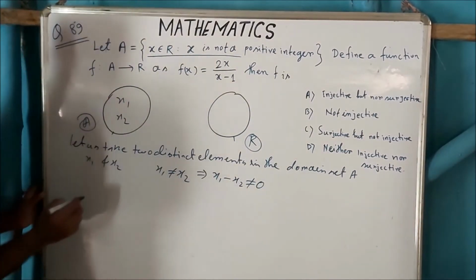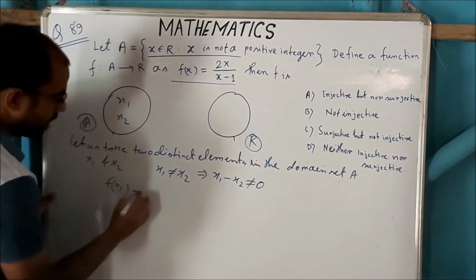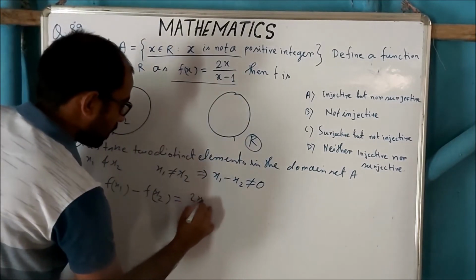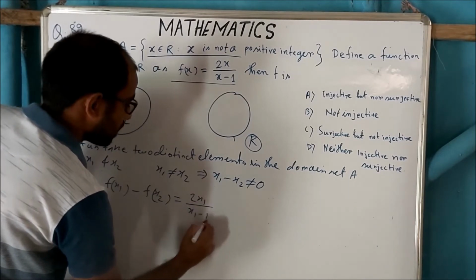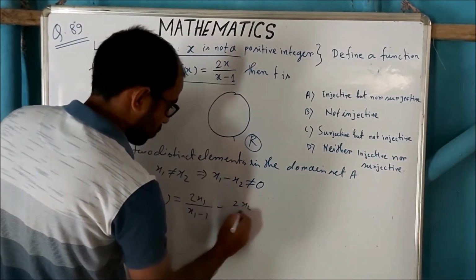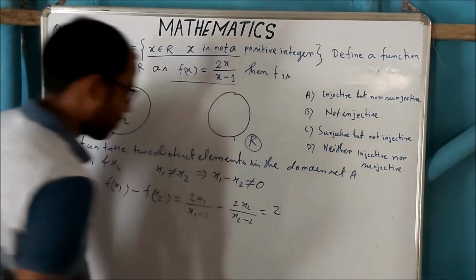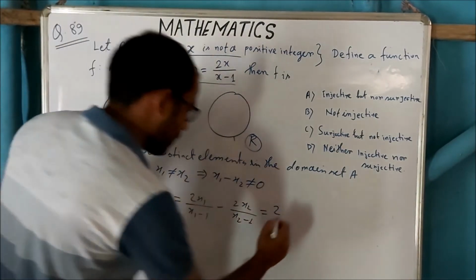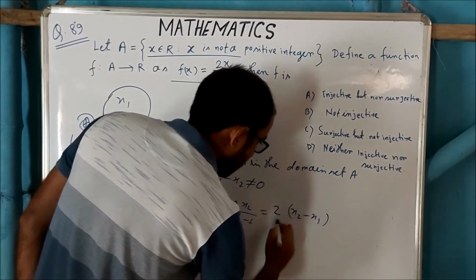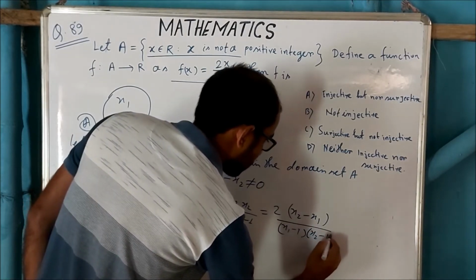So here f of x1 minus f of x2. F of x1 means 2x1 by x1 minus 1, minus 2x2 by x2 minus 1. We now simplify to get 2 into x2 minus x1 by x1 minus 1 into x2 minus 1.